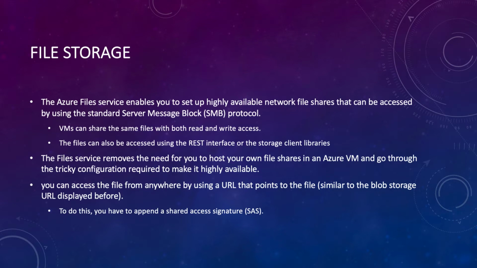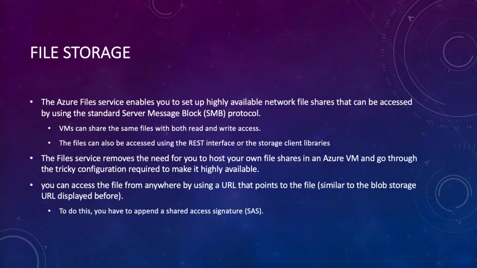Okay, so now let's talk about the file storage. The Azure file service basically enables you to set up highly available network file shares that can be accessed by using the standard server message block or SMB protocol. This means that multiple VMs can share the same files with both read and write permission access.